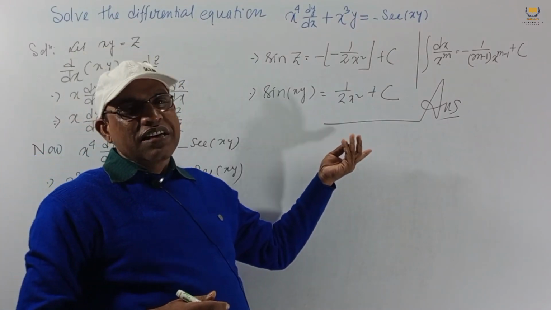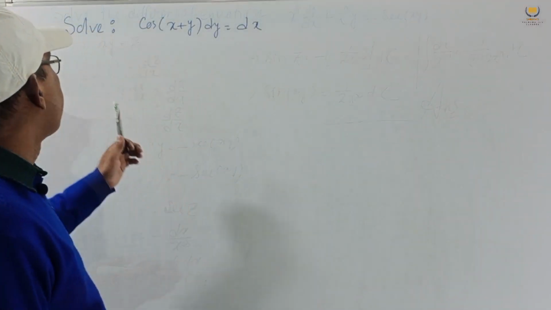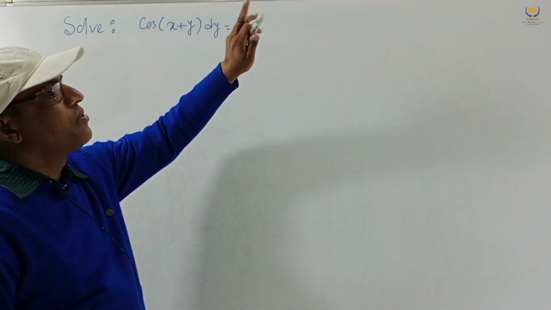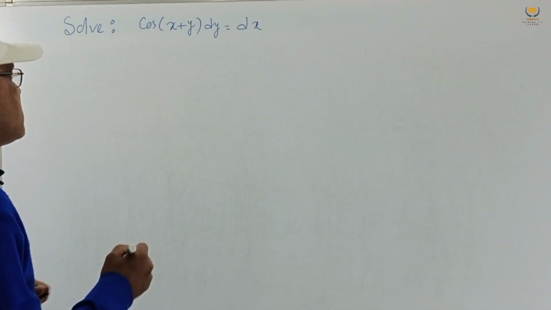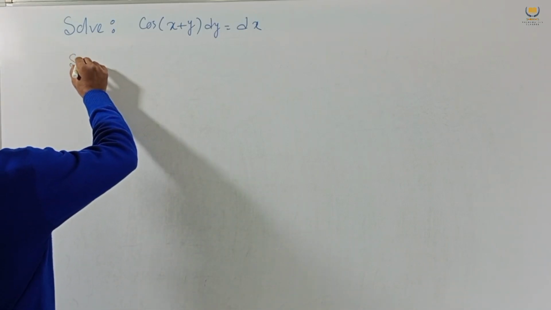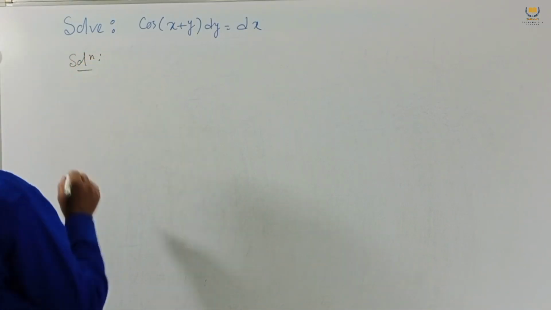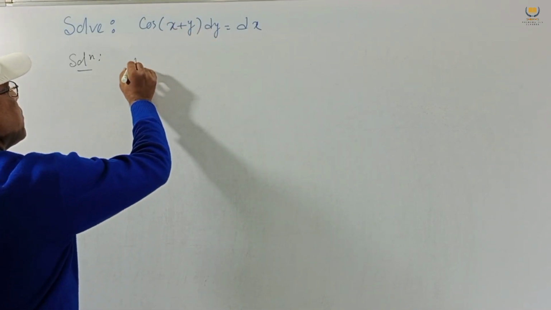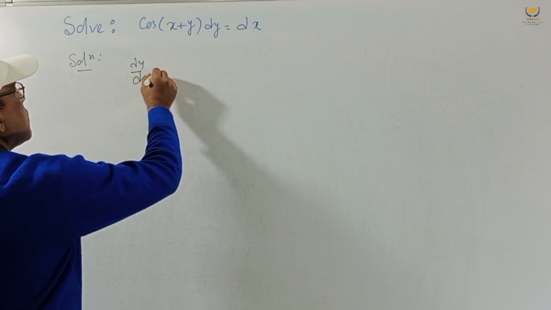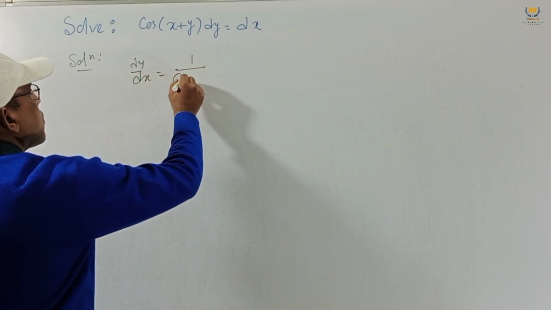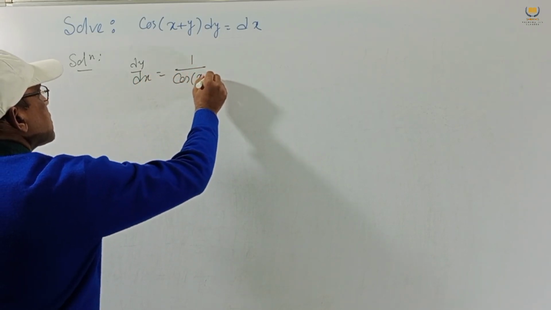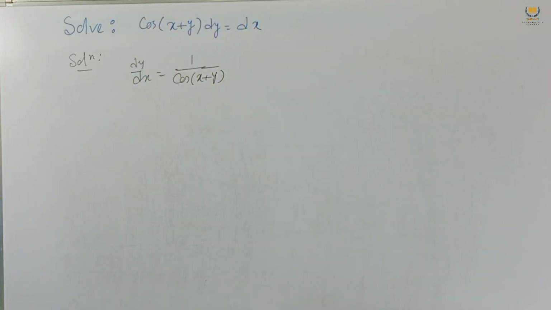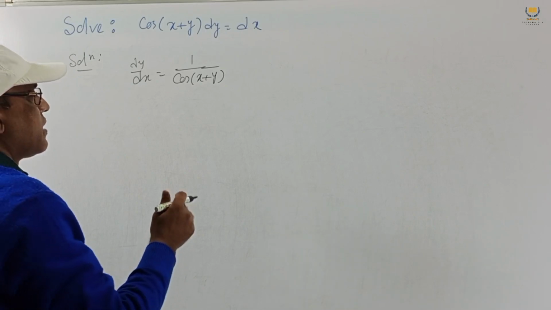Very nice solution. These are variable separable. Consider this problem. Solve cos of (x plus y) dy equal to dx. This problem is given. Now the solution. So this problem we can write dy/dx equal to 1 by cos of (x plus y), taking dx on this side and this one on the right-hand side. So we get this one.